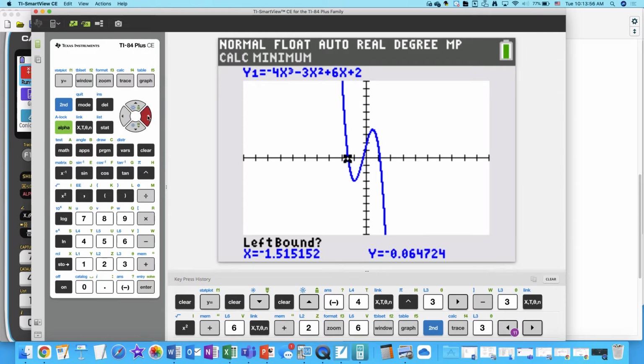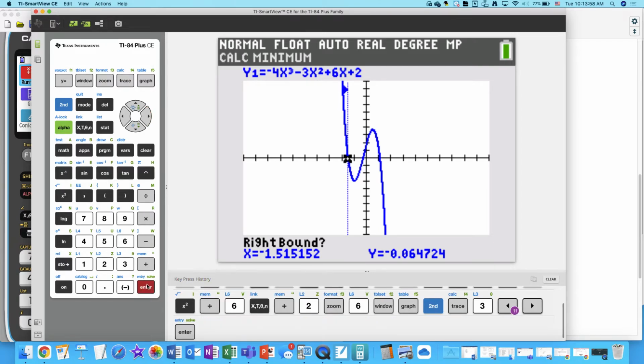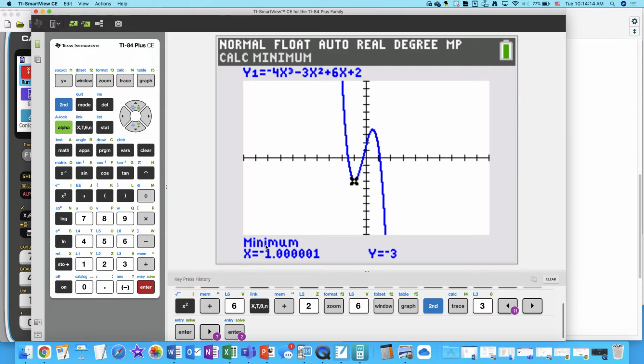You do the same thing: move it to the right and hit enter. It's going to ask, do you want to guess now? Always just hit enter again. You can see that the minimum value is basically -1, -3. If you have a Casio, don't worry, I'll go through this on there as well.